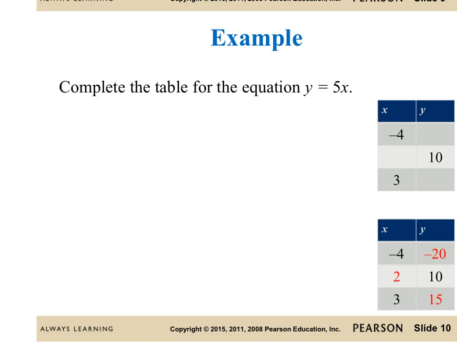Now the reason that we would want to do this is because we're going to be able to plot points that are solutions to an equation and then draw a graph of that equation. And in order to do that, we're going to complete a table for that equation. So on the first one, we have that x is equal to -4, and we know that y equals 5x.